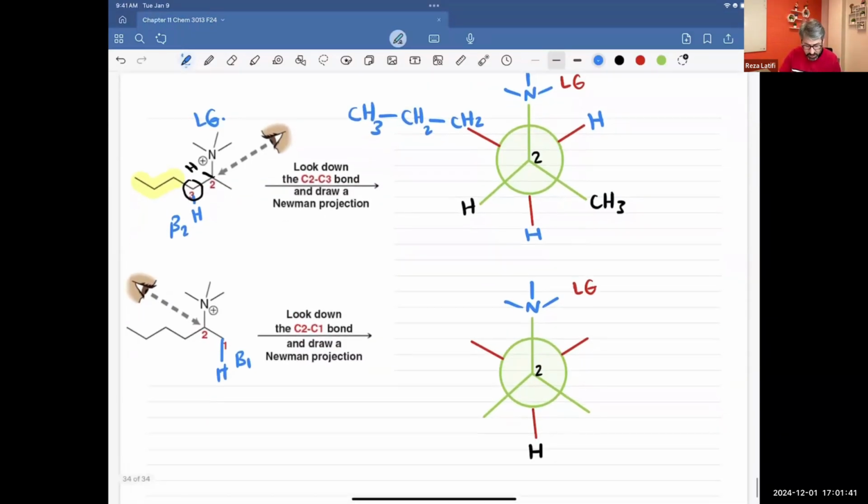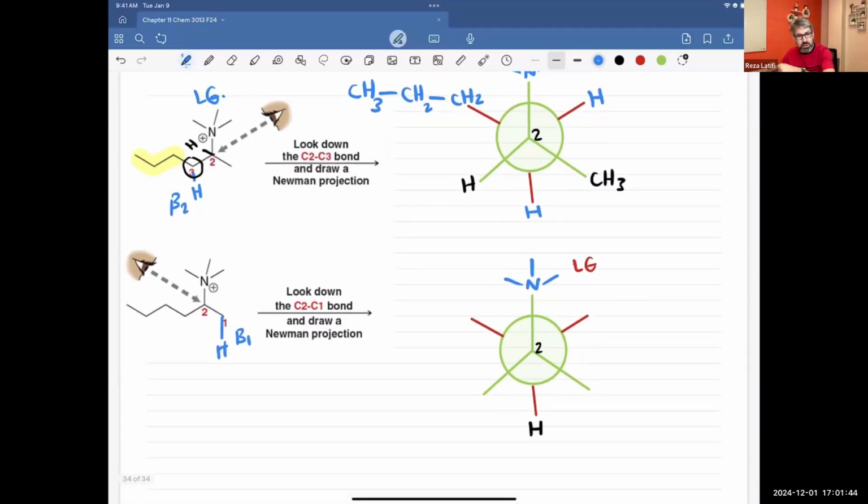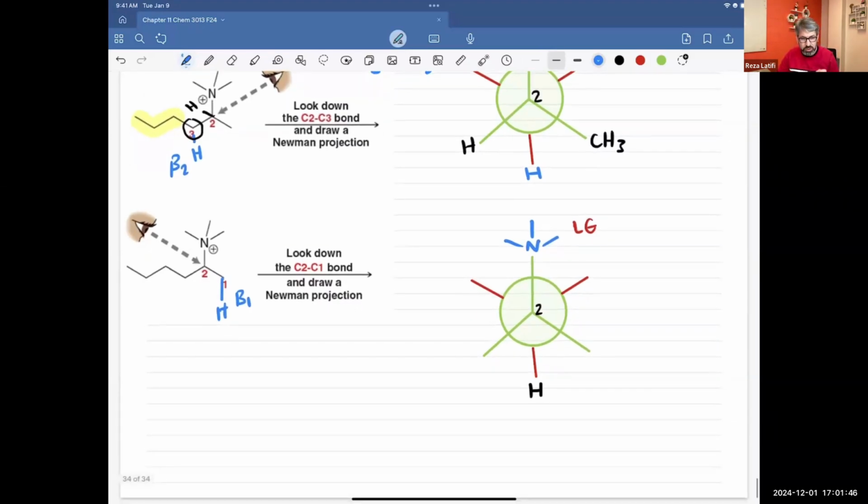That's one case. Now, if we look from carbon number 2 to carbon number 1, the front one will be carbon number 2. On carbon number 2, again, we have a hydrogen and a leaving group. The hydrogen on carbon number 2, I'm going to put, for example, here. What else do we have?